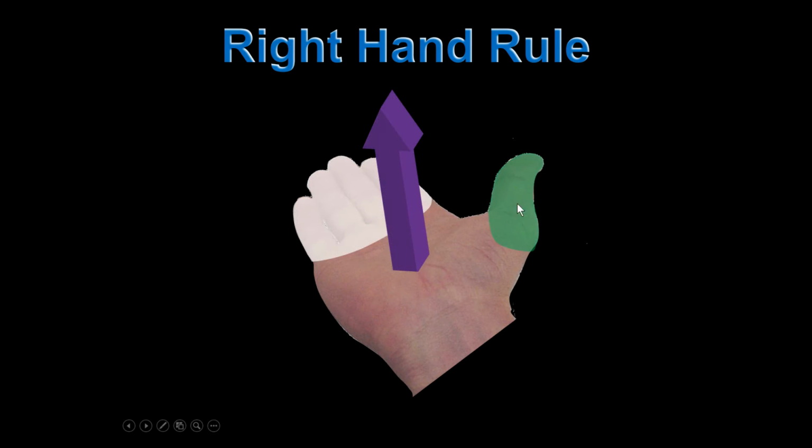For this right-hand rule, again, we let the current, the flow of positive charge, be represented by our thumb. This time we hold our fingers straight, and those fingers point in the direction of the magnetic field that charge is going through.